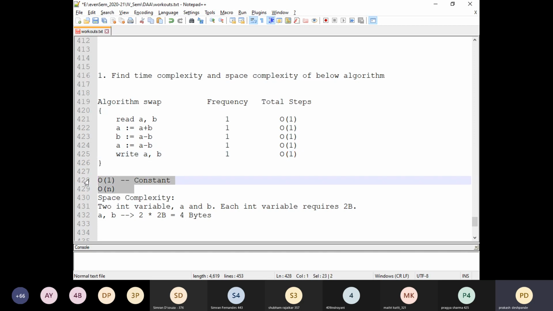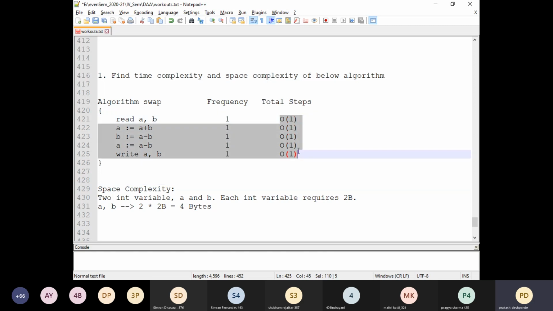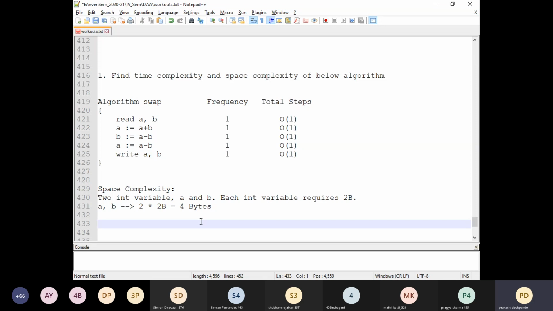That indicates that the time complexity with respect to big O notation remains constant. Looking at all these big O notations, the maximum value here is again a constant, 1 itself.